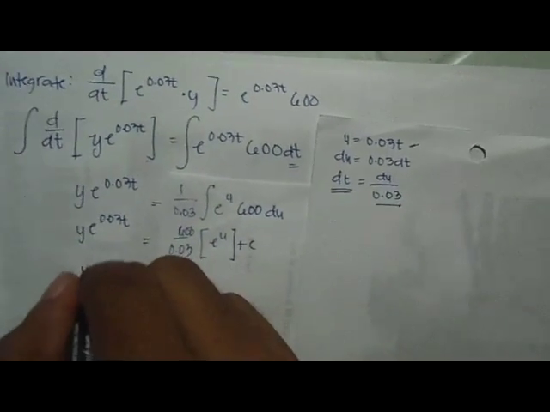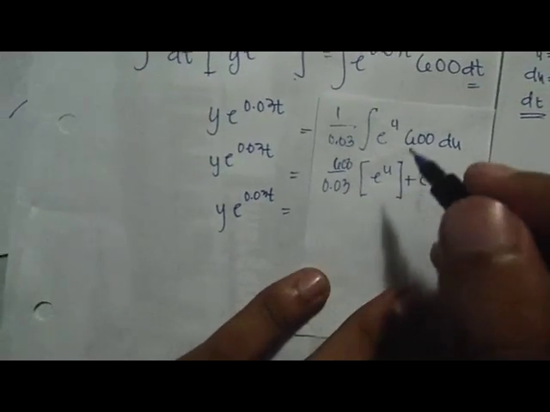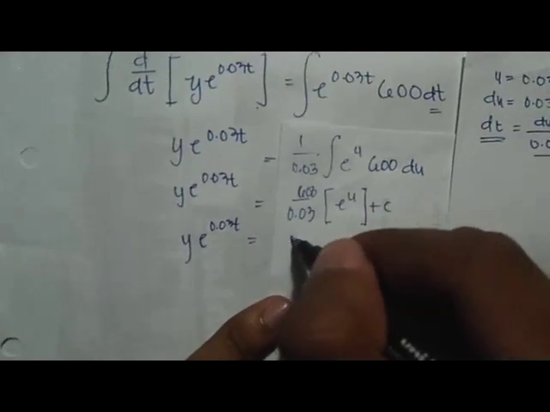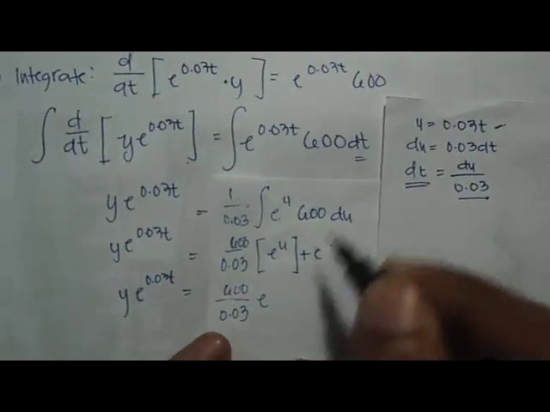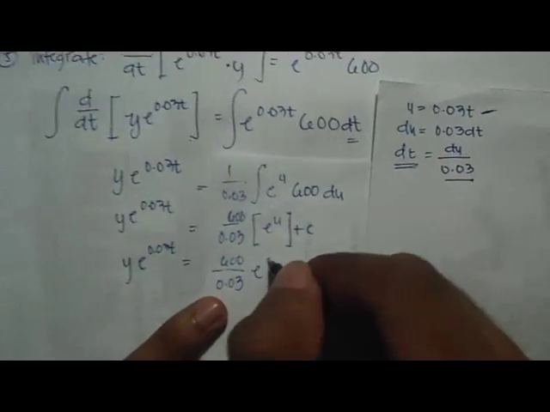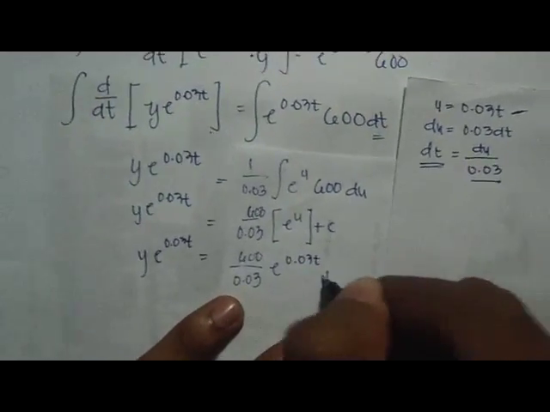So it becomes y times e to 0.03t equal to 600 over 0.03 times e, and we substitute it back, 0.03t, plus c.